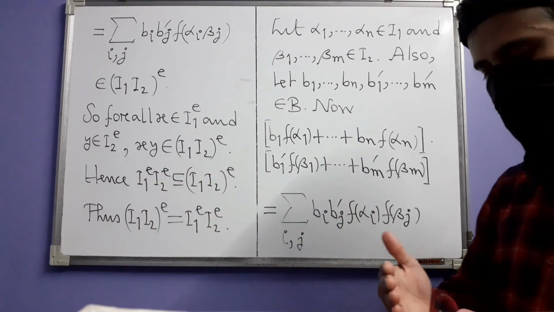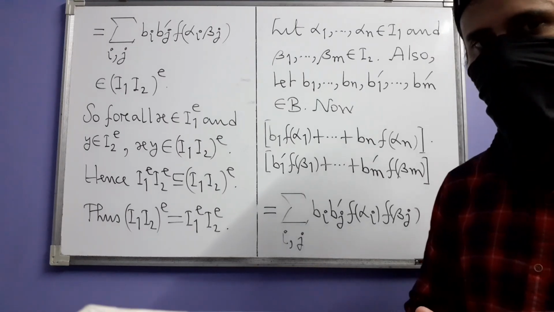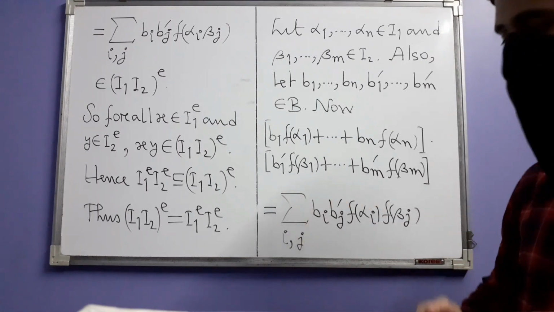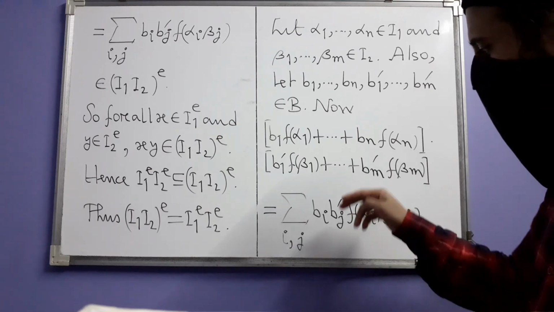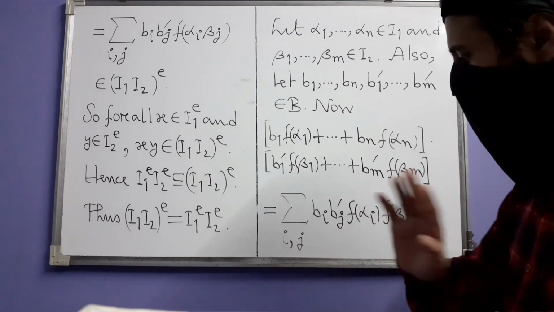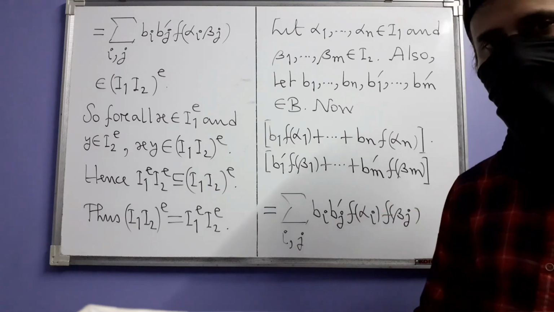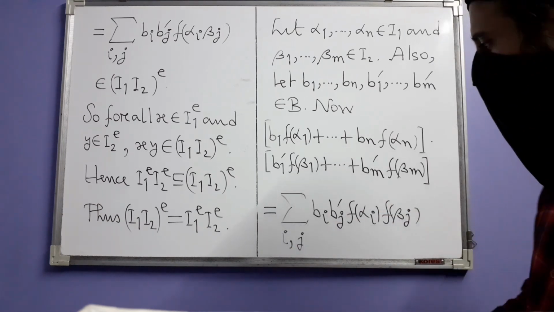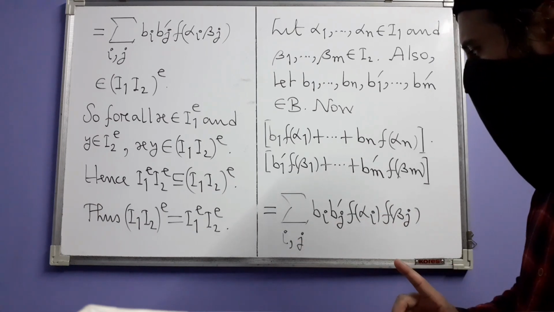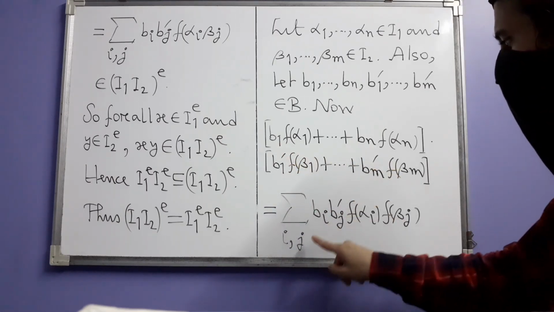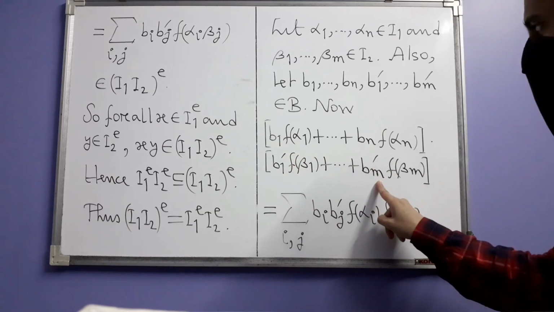Actually one has to write a double summation, but instead of writing two summation symbols, I have written only one summation symbol, and there itself I am making it a double sum by simultaneously varying i and j independent of each other, although the variation has not been shown because it's understood that i varies from 1 to n and j varies from 1 to m.